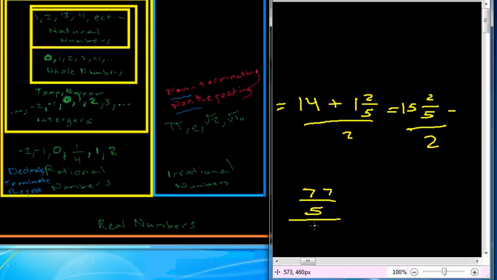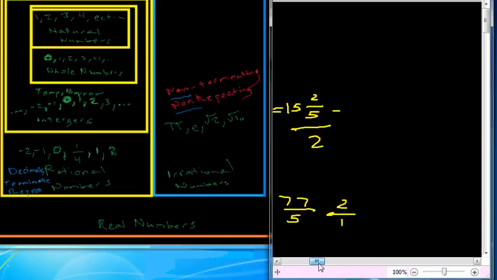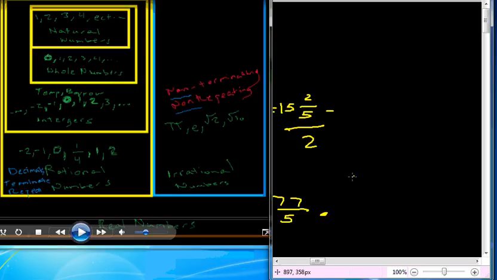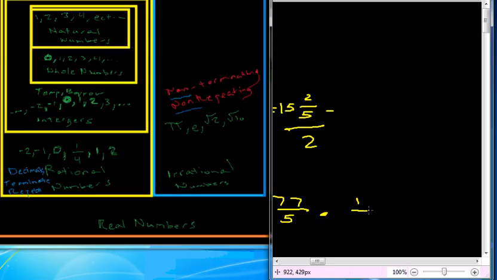Okay? Divided by 2, or in fact, let's use its reciprocal. 77 over 5 times 2 over 1. Thank you. Good save. So it's really 1 over 2 times 1/2.